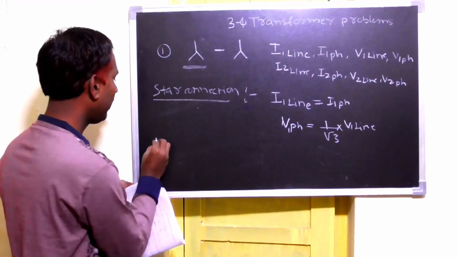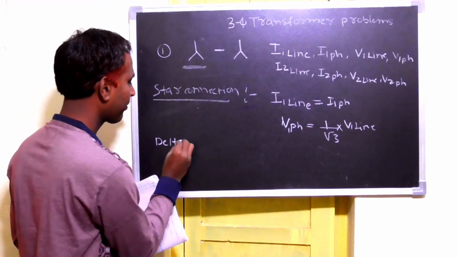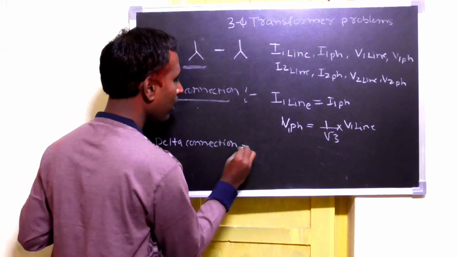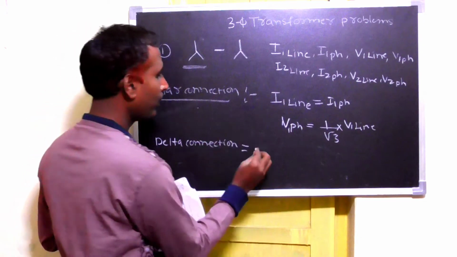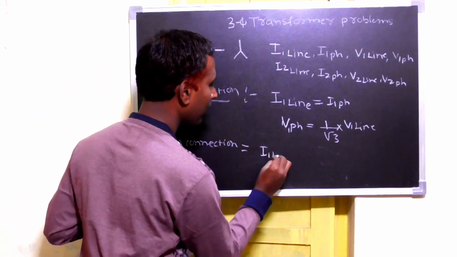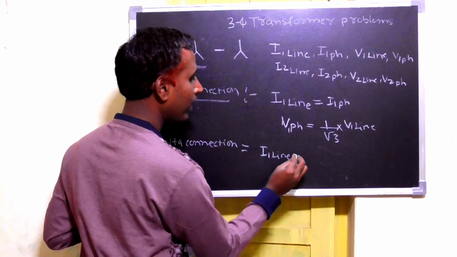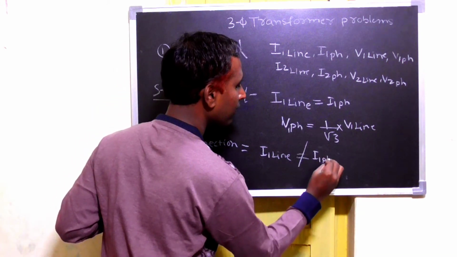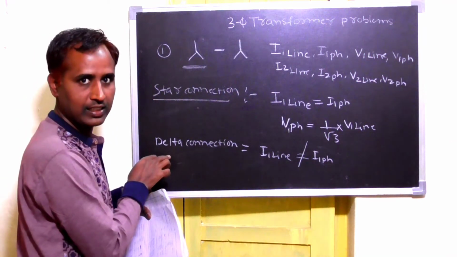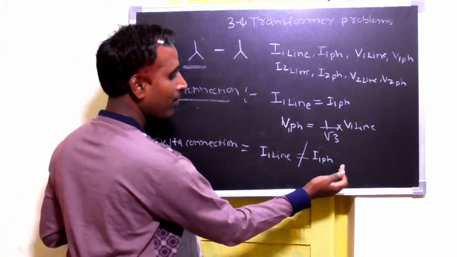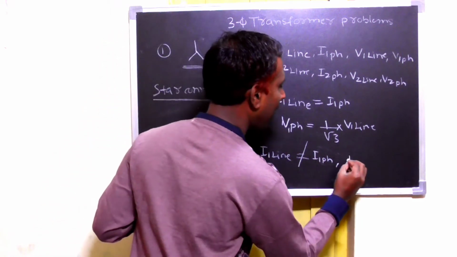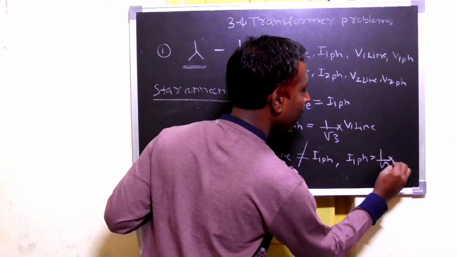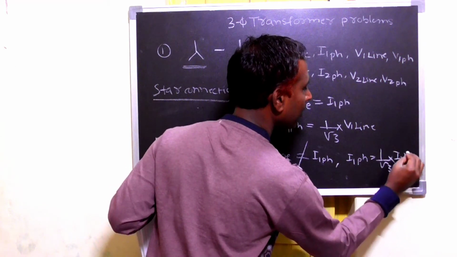When the transformer is in delta connection, the formulas change. I1 line is not equal to I1 phase in delta connection. The new formula is I1 phase equals 1 by root 3 into I1 line.